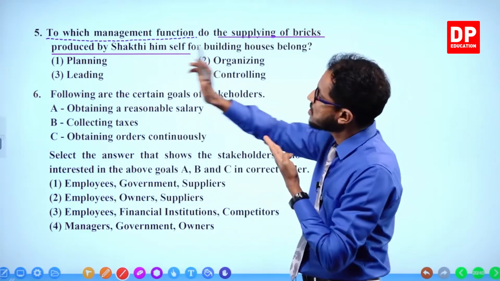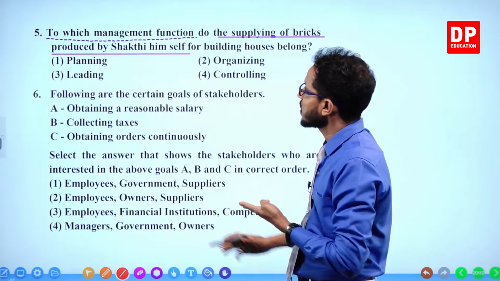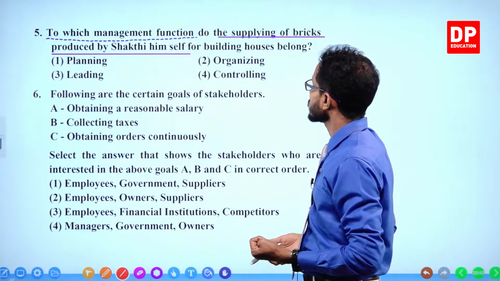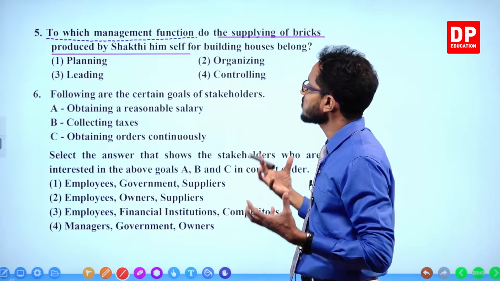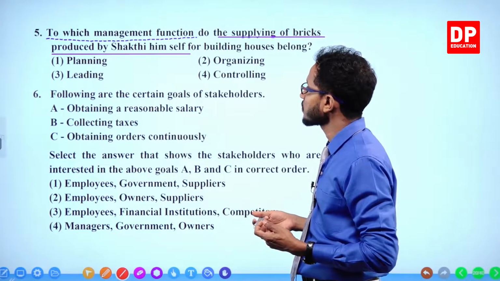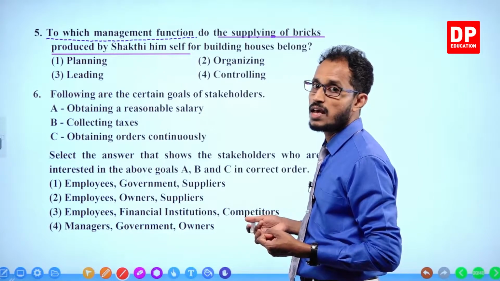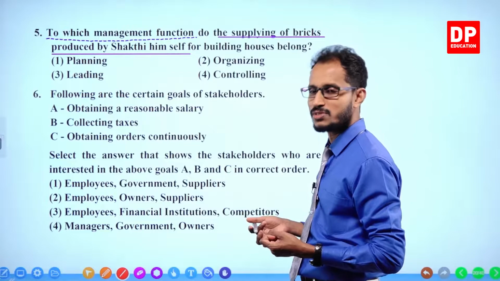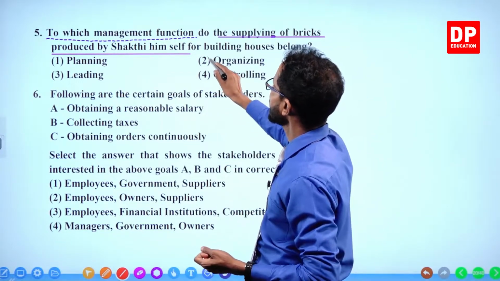Supplying the bricks that Shakti himself produces to building the houses. What management function is that? Allocating resources. That's right. So organizing.